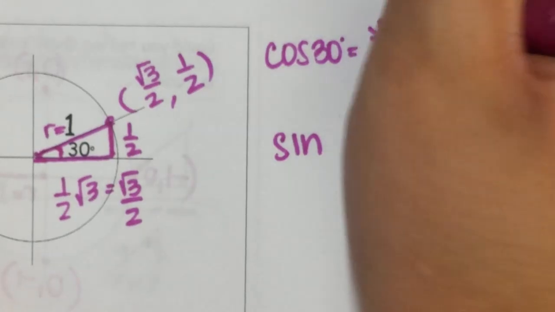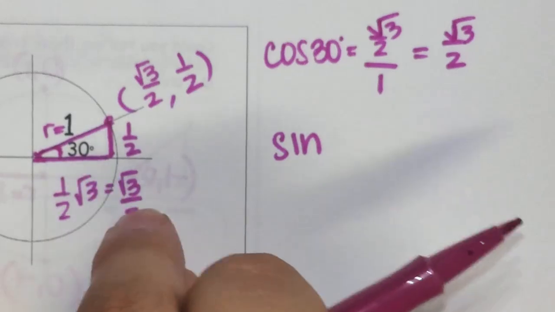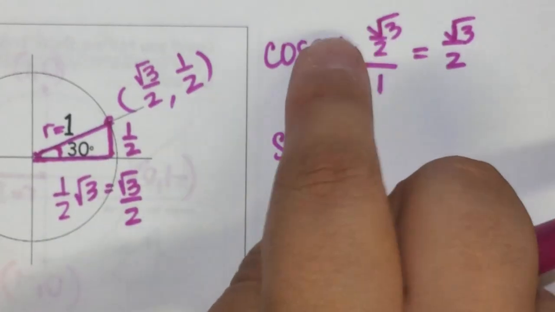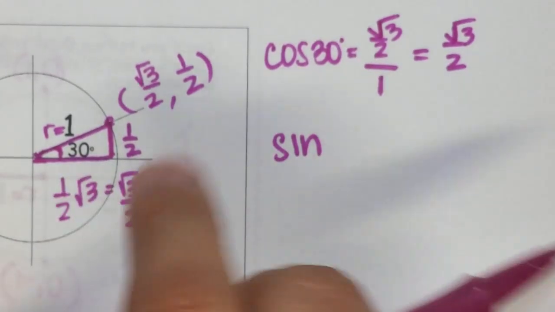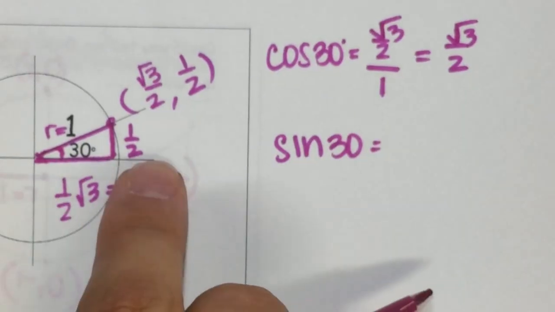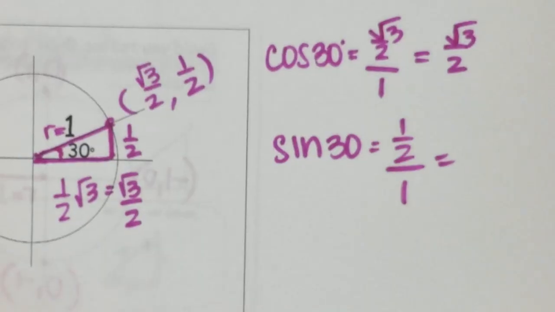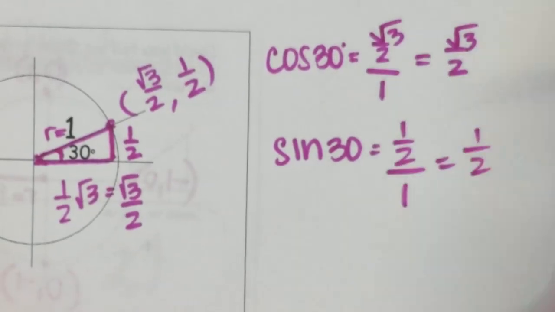I'm like, wait, that's not the answer. Sorry. Square root of 3 over 2. Adjacent over hypotenuse. That's why we should write it out. Sorry, it's because I did sine first last time. My sine is my opposite, which is 1/2 over 1, which is 1/2. Do y'all agree?